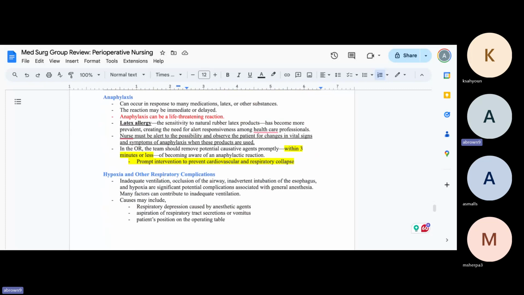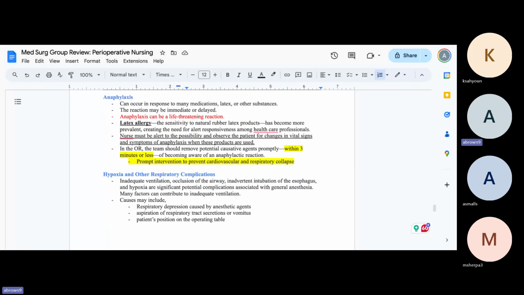Anaphylaxis refers to allergies. This can occur in response to many medications, latex, or other substances. The reaction may be immediate or delayed. Anaphylaxis can be life-threatening as well. So a latex allergy, the sensitivity to natural rubber latex products, has become more prevalent, creating the need for alert responsiveness among healthcare professionals.